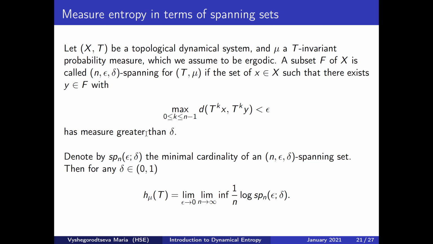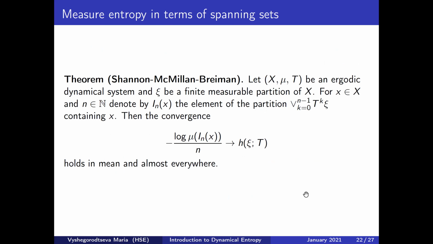Now we denote by SP(epsilon, delta) the minimal cardinality of an epsilon-delta spanning set, and for any delta we achieve the following equality. This will be the definition of dynamical entropy using the minimal cardinality of a spanning set.